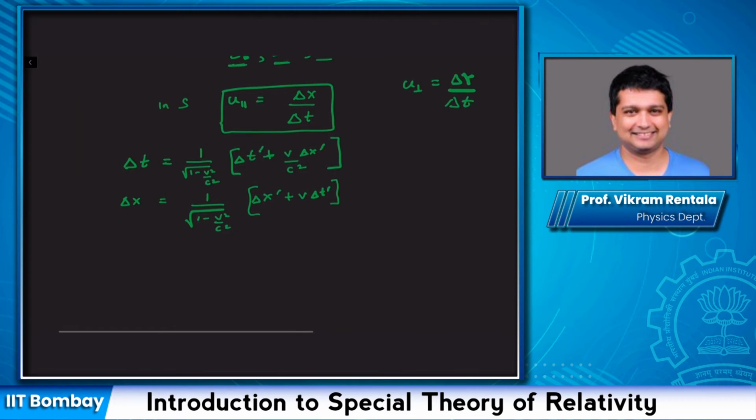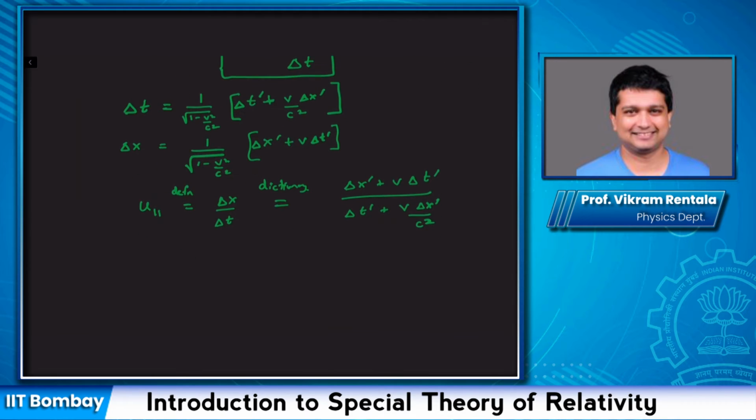And so now we can derive what u parallel is. So u parallel, which is by definition delta x over delta t, this is by definition. And now using our dictionary, we can say that this will be delta x prime plus v delta t prime divided by delta t prime plus v delta x prime over c squared.